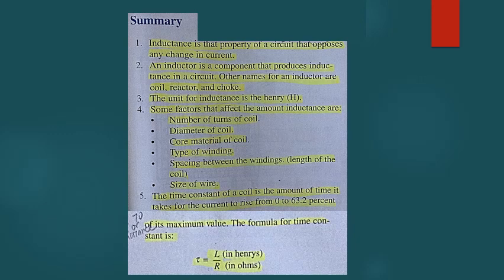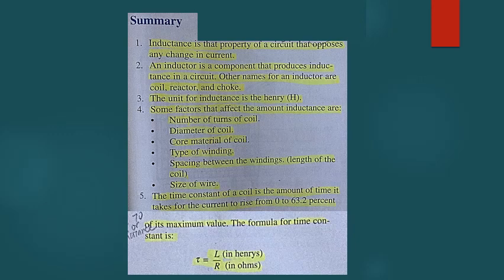Some factors that affect the amount of inductance are the number of turns of coil, the diameter of coil, the core material of coil, the type of winding, spacing between the windings or the length of the coil, and the size of the wire.